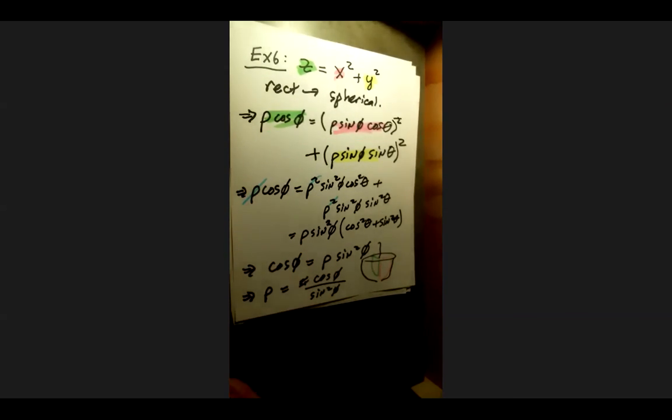Question, go ahead. Does that mean theta is constant in this case? It's not that theta is constant, it's that theta could be anything. Oh, okay. Yeah, good question. You're saying that theta is defined in all directions. Exactly, theta is defined in all directions.